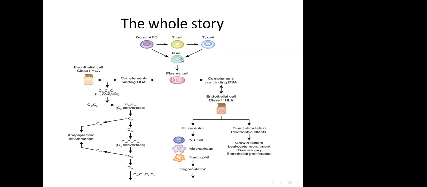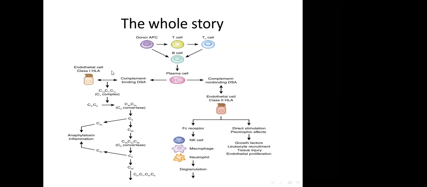The B cell is now transformed from the naive form to the plasma cell. The plasma cell is now secreting the antibody. The antibody can be attached to the graft, and when it's attached to the graft, it mainly stimulates the complement system. The complement system ends with what is called the membrane attack complex and causes graft dysfunction and graft damage.